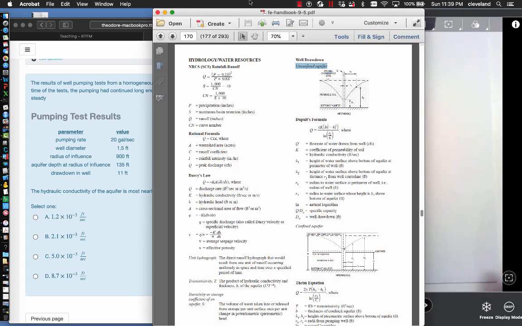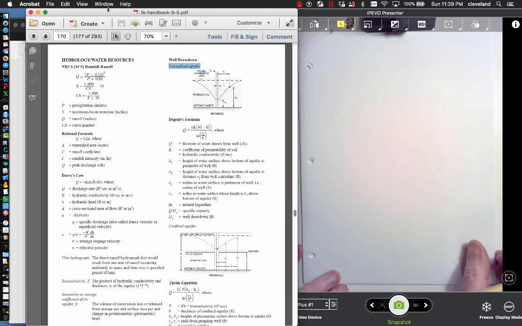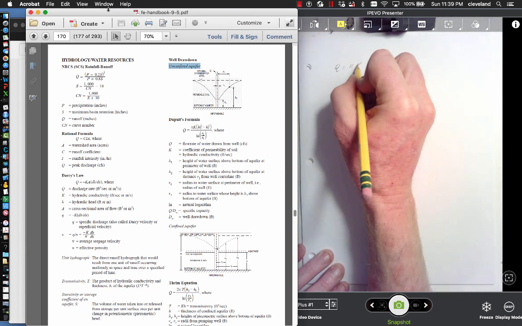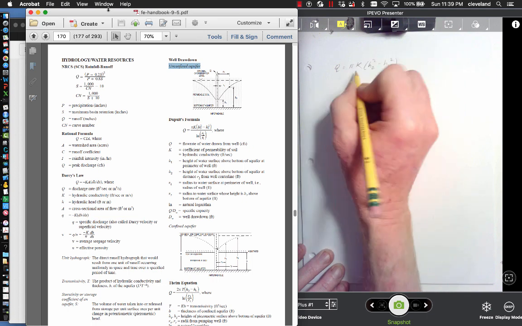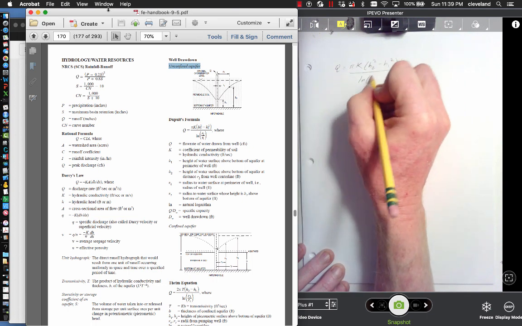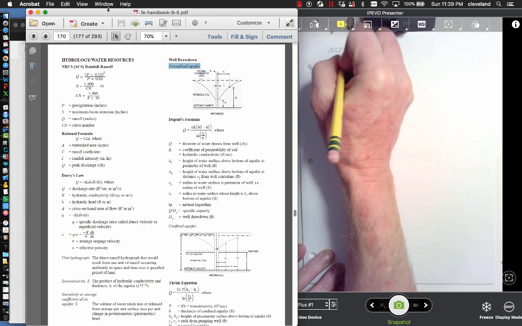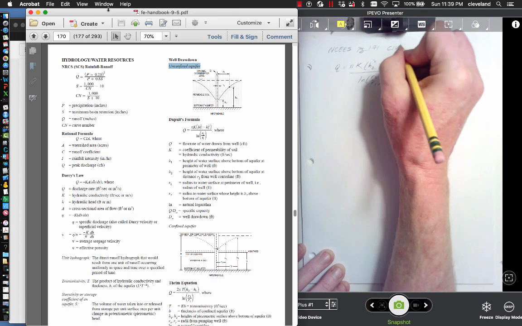First thing we'll do is write that equation. Q equals pi K (H2 squared minus H1 squared) over natural log R2 over R1, and this is NCEES, page 171, Civil Engineering.